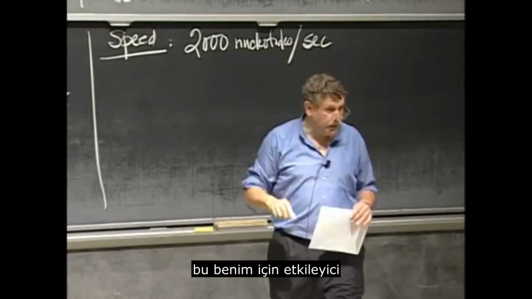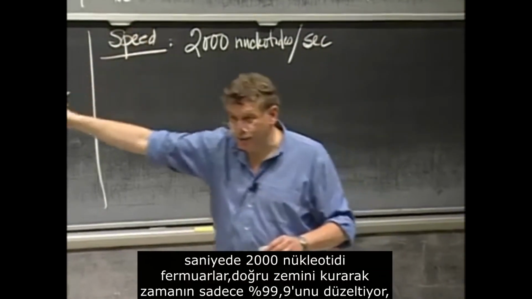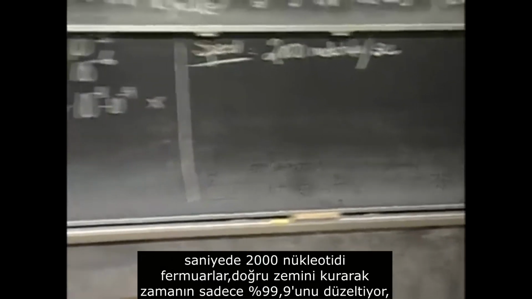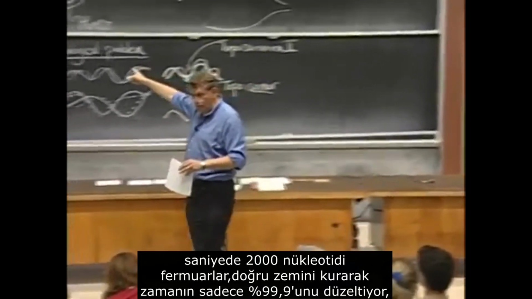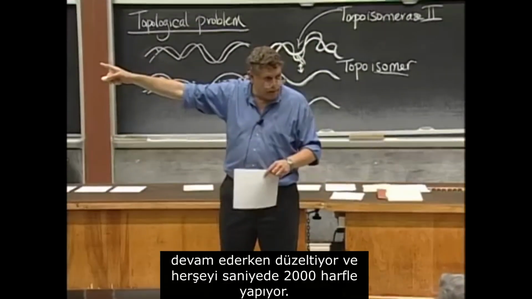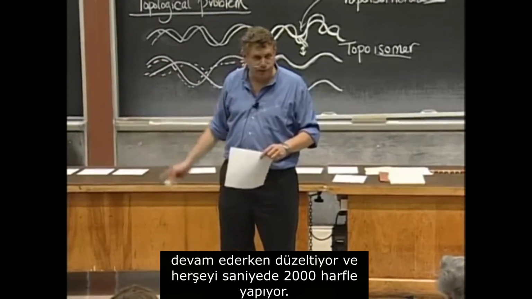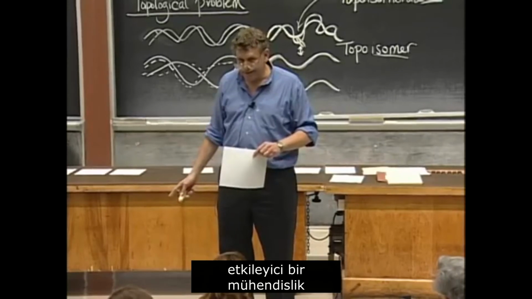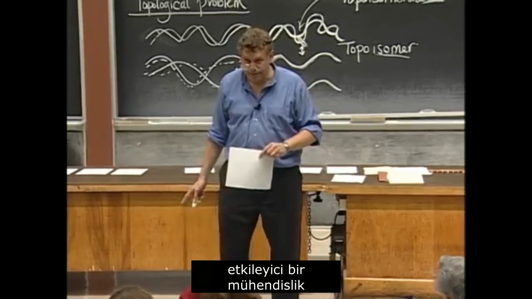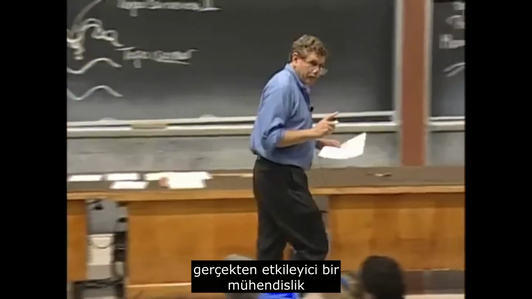That's very impressive to me. It zips along at 2,000 nucleotides per second, installing the right base, getting it right 99.9% of the time, proofreading as it goes, and gets the whole thing done, 2,000 letters in a second. That is really impressive engineering.